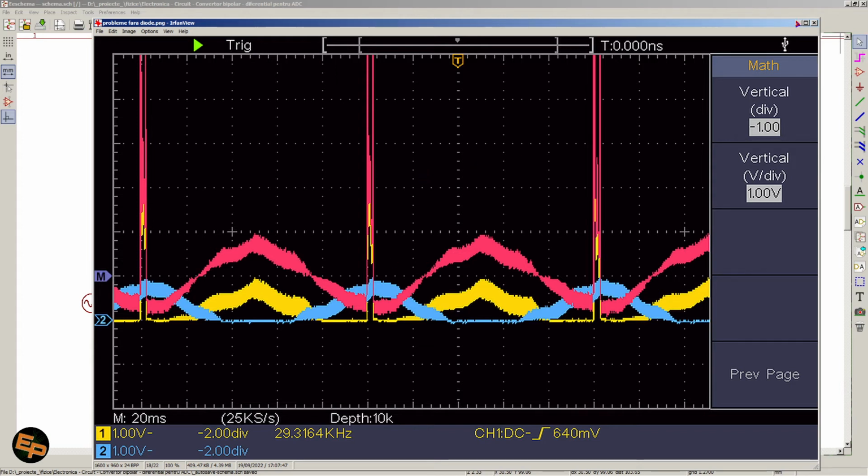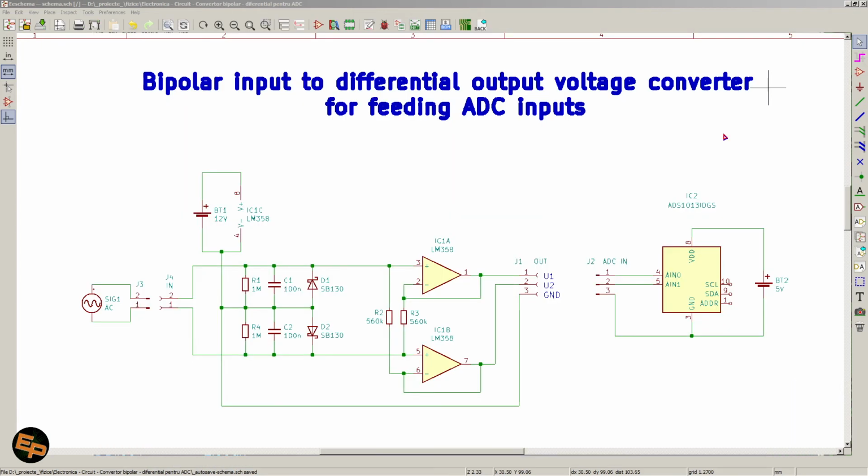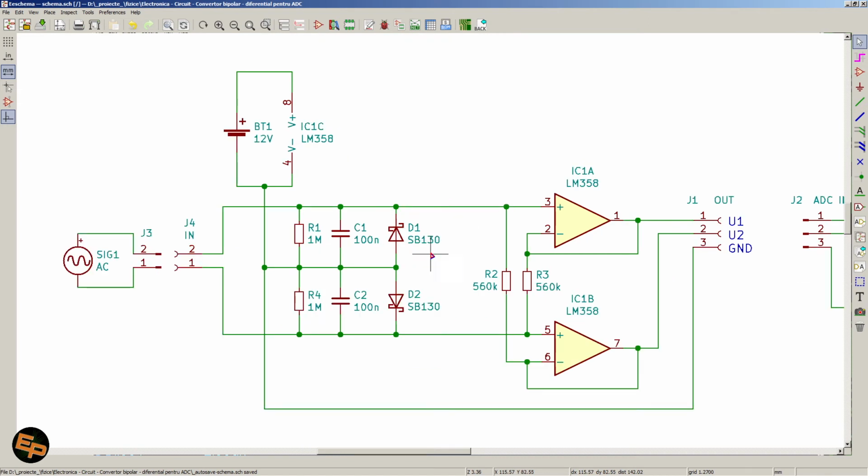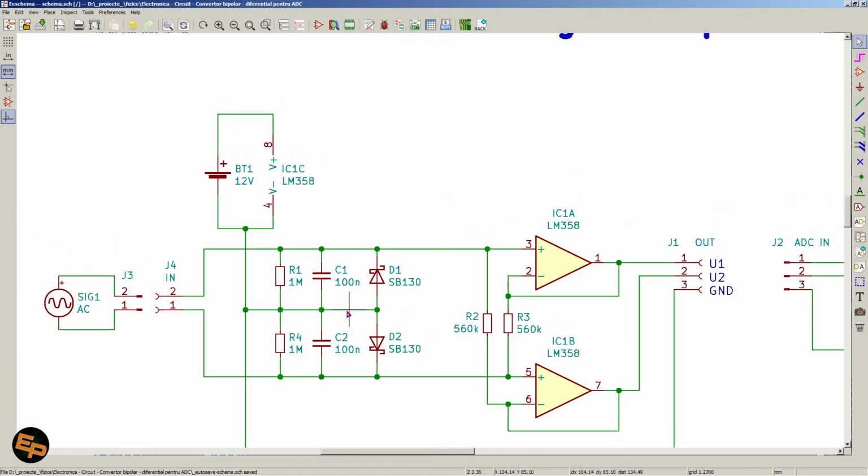So in order to do that, I have decided to put Schottky diodes on the input. Okay, I have decided to use a voltage divider with the 1 megohm resistors.